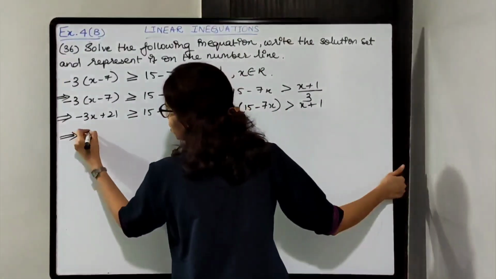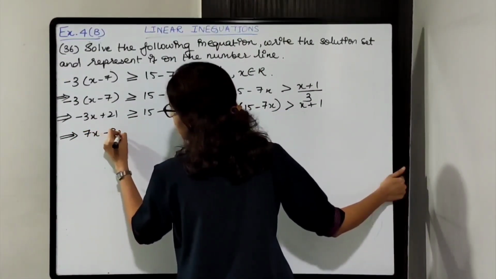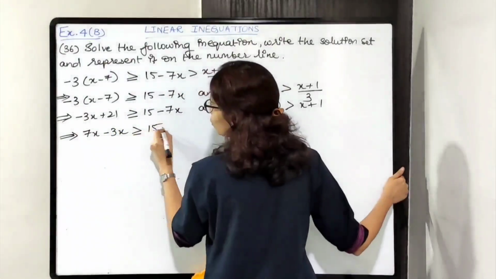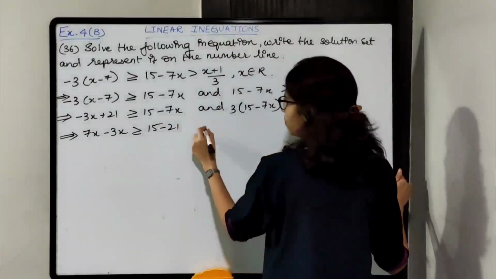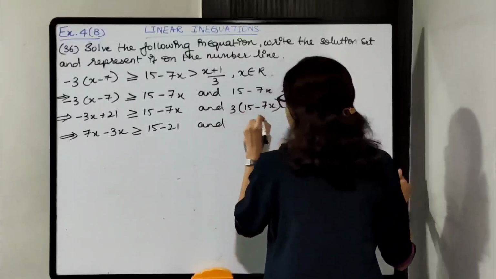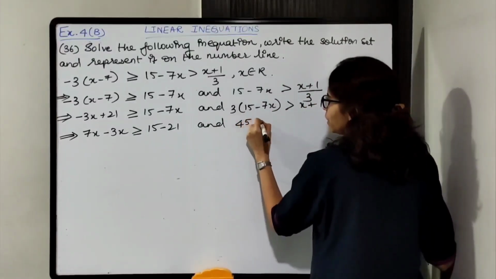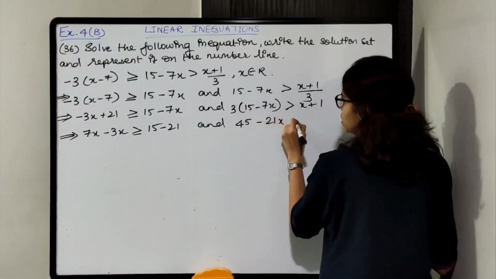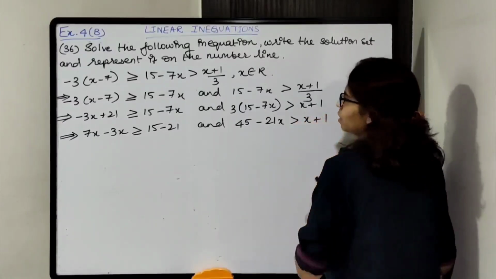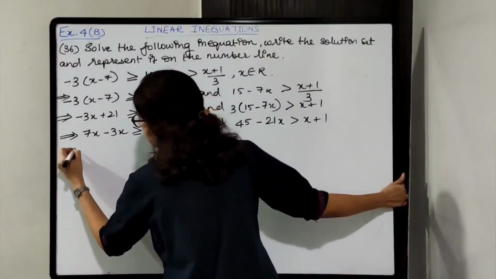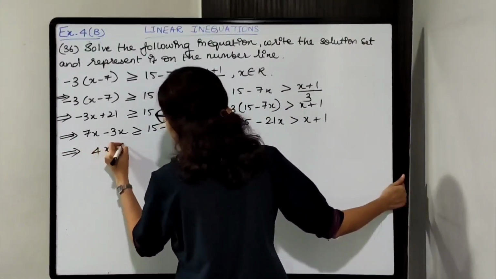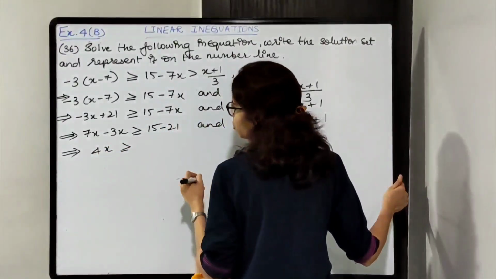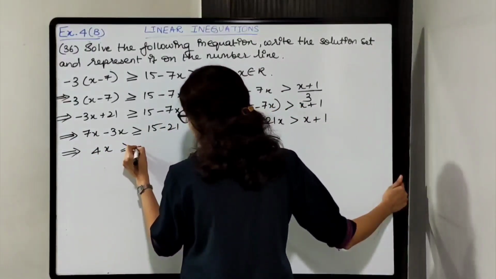So 7x minus 3x is greater than or equal to 15 minus 21. Here 15 3s are 45 and 21x is greater than x plus 1. So 4x is greater than or equal to minus 6.